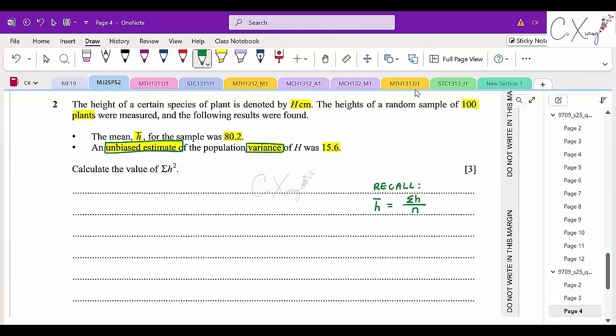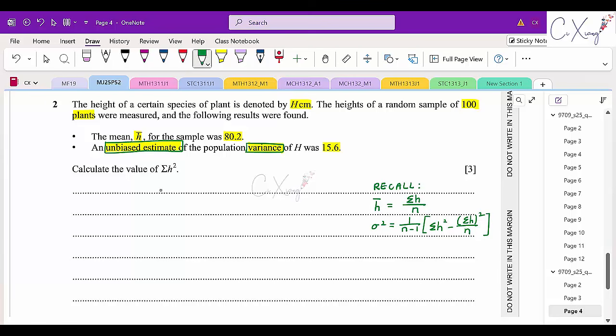One commonly used one is the estimated variance: unbiased estimated variance equals 1 over n minus 1, times the summation of H squared minus the summation of H, squared, divided by n. This is the formula we are going to apply in this question.